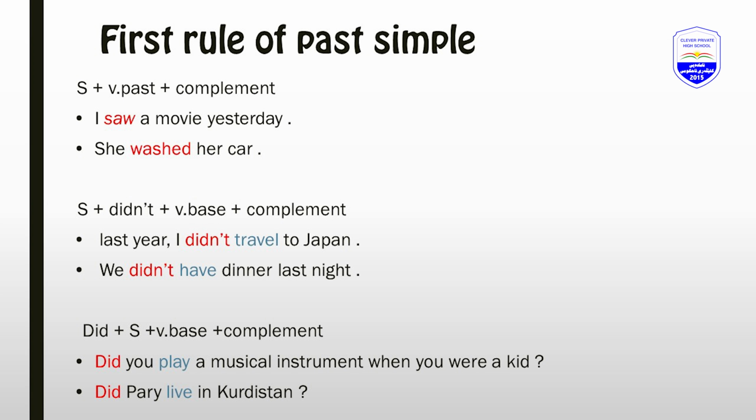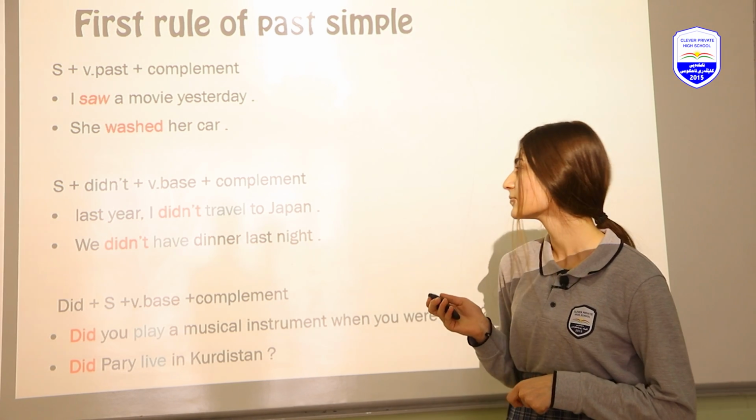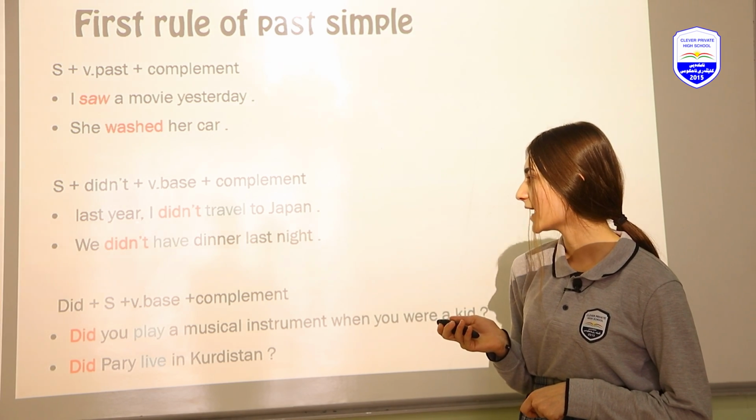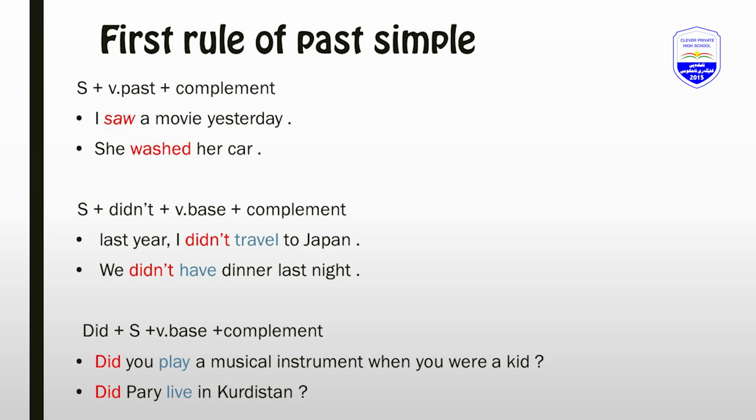In negative form, we have subject plus didn't plus verb base. We use verb base because we have didn't in the sentence, plus complement. For example, last year I didn't travel to Japan. Last year is the preposition of time, I is the subject, and didn't is in the rule.